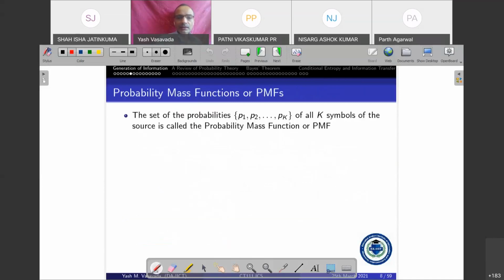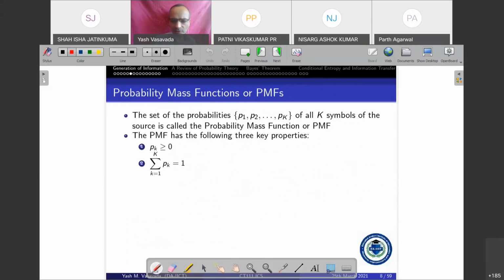And the set of probabilities of the symbols generated by the source is what we have called the probability mass function, or the PMF. And we have seen that the PMF follows certain intuitive notions regarding the probabilities, right? So probabilities can never be negative. They have to sum up to 1 and so on.